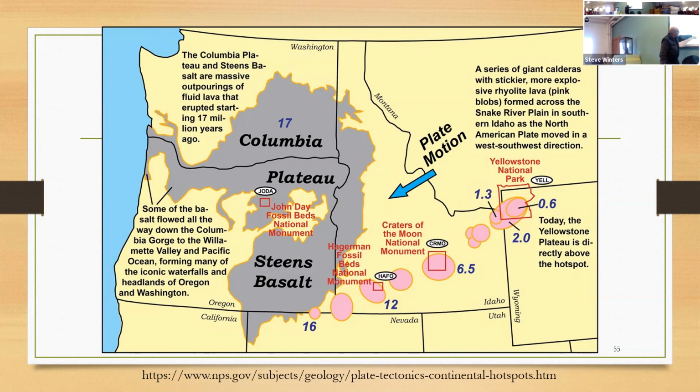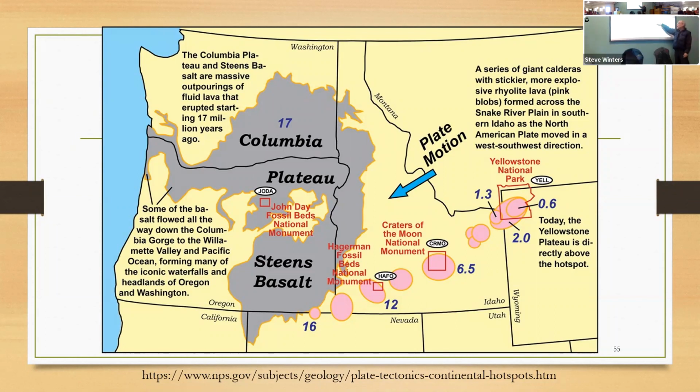So we see the oldest evidence of hotspot volcanism down here. That's 16 million years ago. Here's 12 million years ago, 6.5 million years ago. 1.32 and 0.6 million years ago is pretty much the current location of where the hotspot is expressed in the North American plate like that.